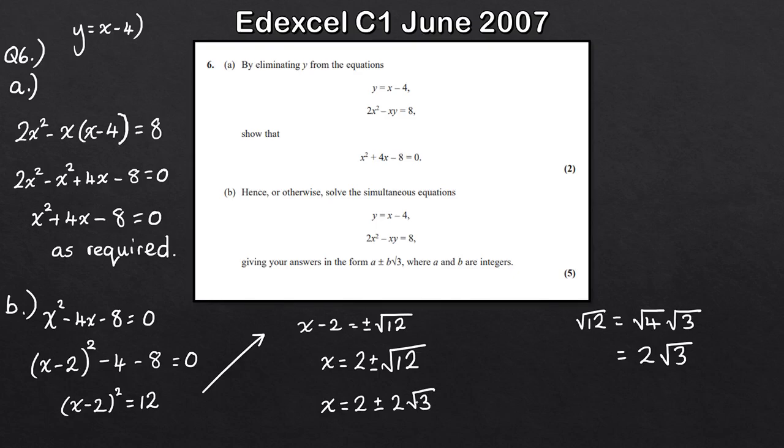If you forgot to take the plus or minus before, then clearly this would have just been 2 plus 2 root 3. So we've just got to be slightly careful with that. But again, the final solution, how they're asking for it, should remind you. But that's our solution there. So x equals 2 plus or minus 2 root 3. Okay, and that gets our final 5 marks.